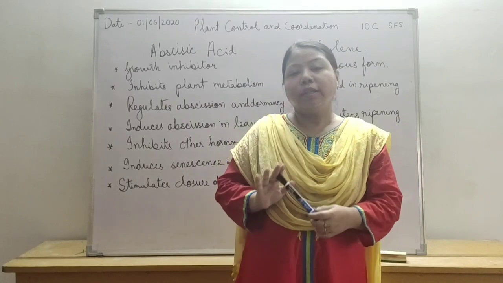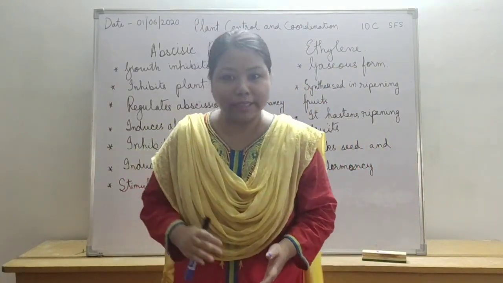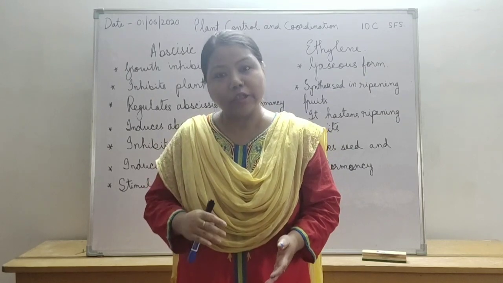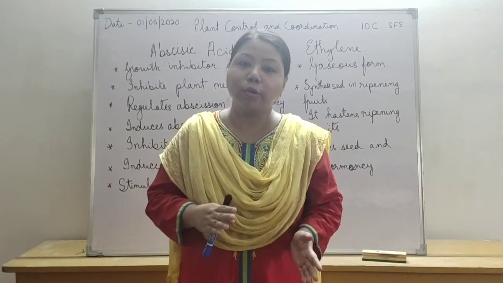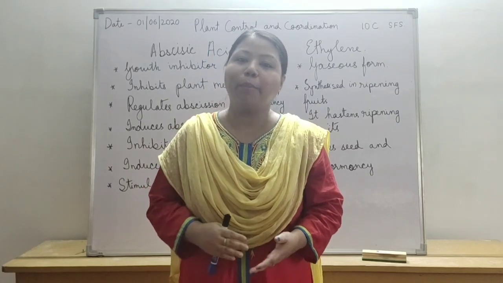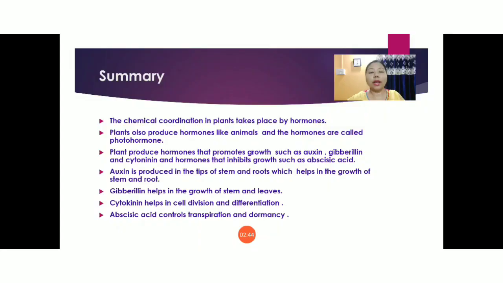Fine. So this is what we have for today's class, and I hope that you have understood about the control and coordination that takes place in plants with the help of hormones. Now let us summarize what we have learned today. The chemical coordination in plants takes place by hormones. Plants also produce hormones like animals and the hormones are called phytohormones.